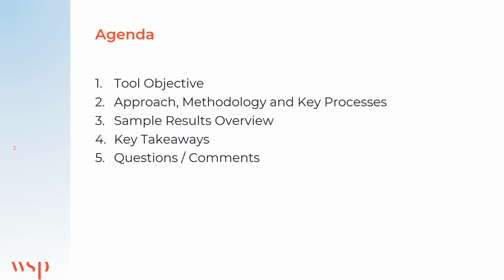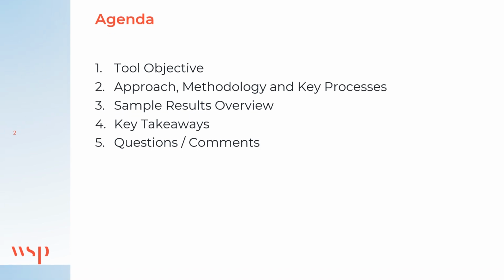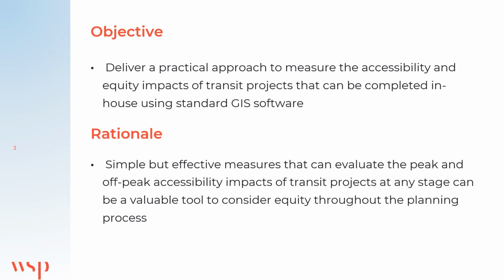Thanks so much, Anthony. So to walk us through the overarching objectives and rationale here before we get into a discussion of the results. Our overall objective here is to deliver a practical approach to measure the accessibility and equity impacts of transit projects that can be completed in-house using standard GIS software.